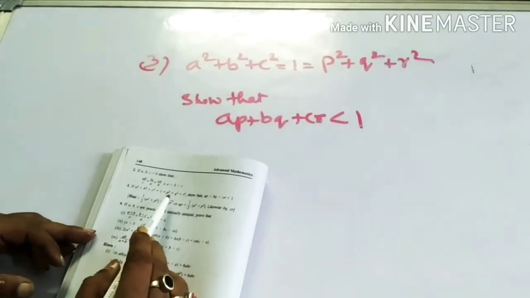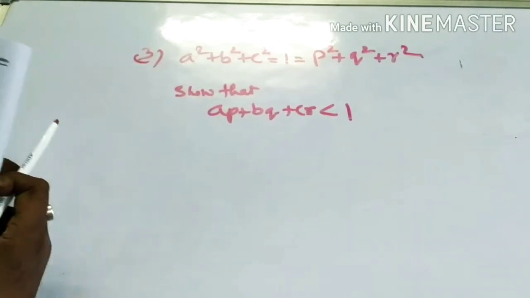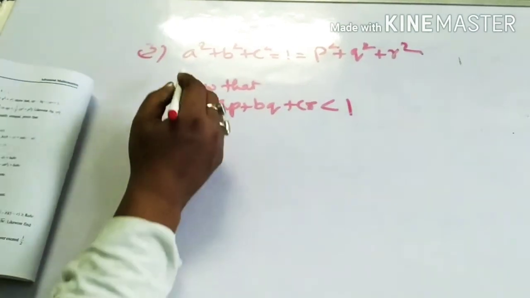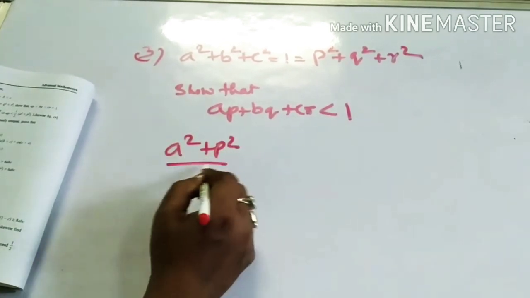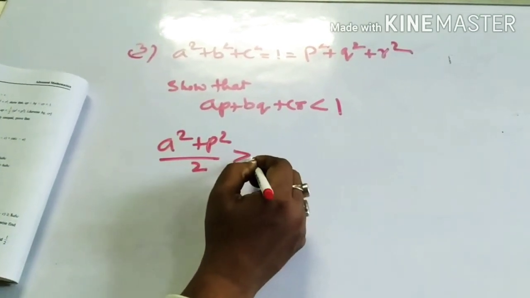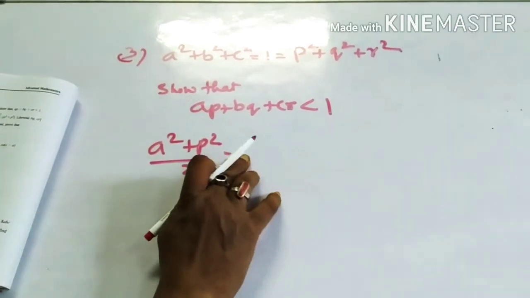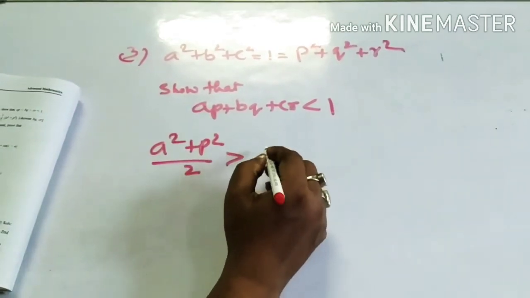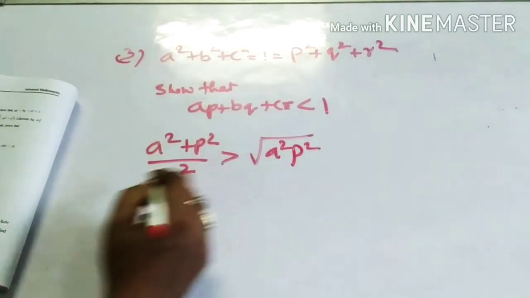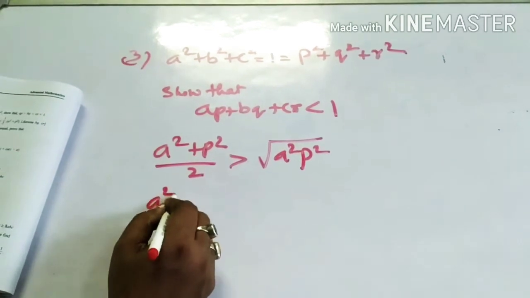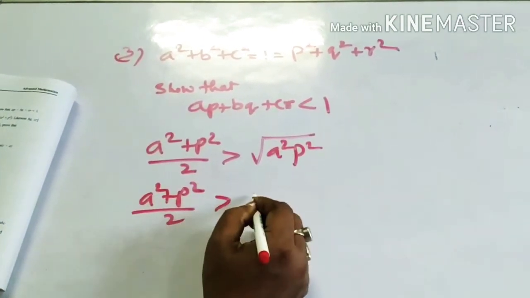A square plus P square by 2 is greater than this. The hint is given to you, so I am going to take the help of the hint. A square plus P square by 2 is greater than or equal to root A square P square. So A square plus P square by 2 is greater than AP.